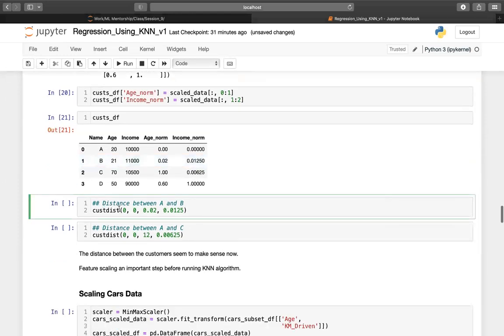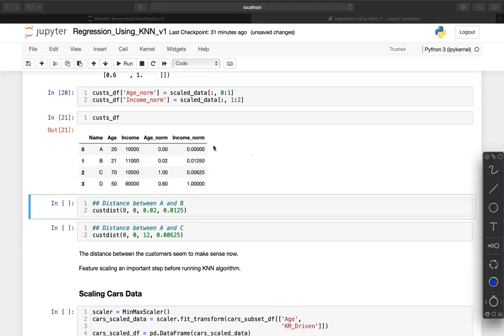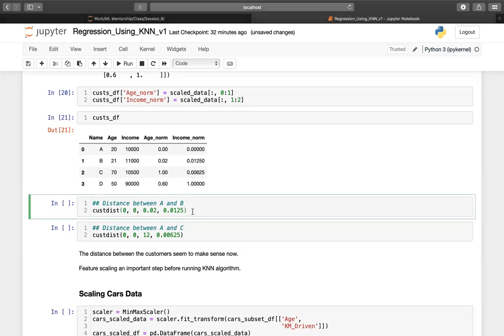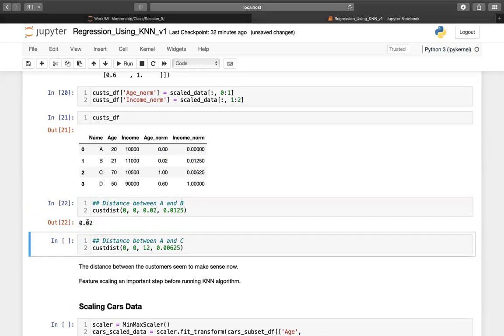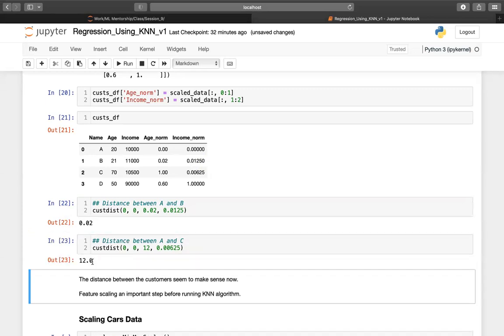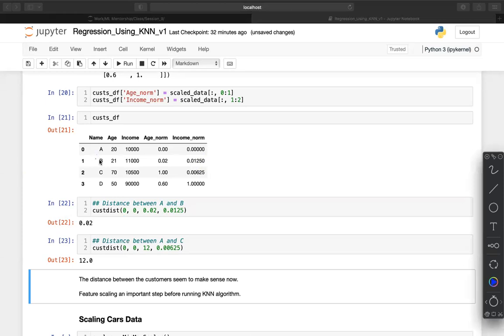Now if I calculate the distance between A and B using the normalized data, it says the distance between customer A and B is 0.02, whereas the distance between A and C is 12.0. So now it says customer A and B are very similar compared to A and C, which makes sense because A and C are very different in terms of age, and there is hardly any difference in income if you look at the complete range.